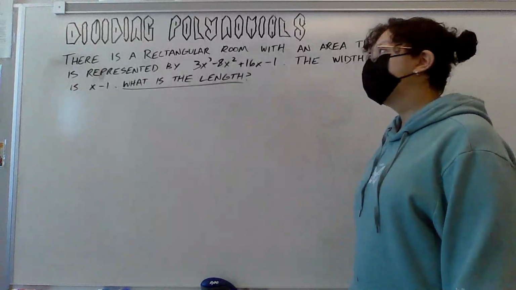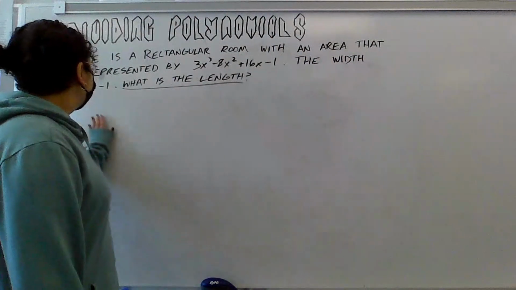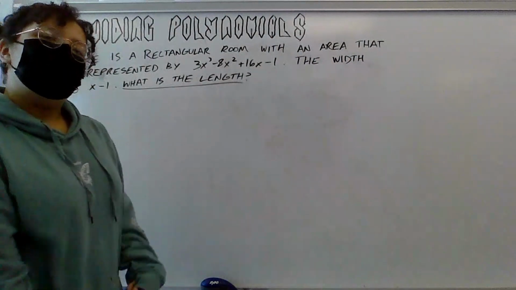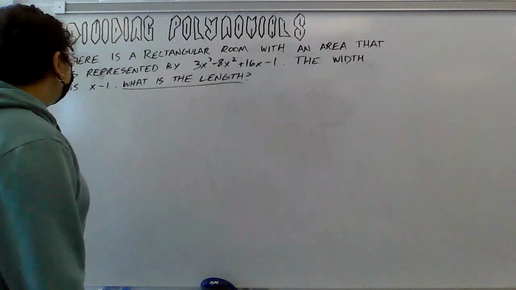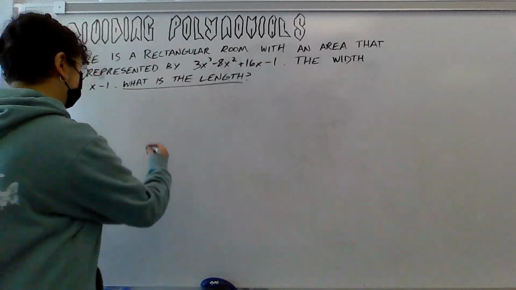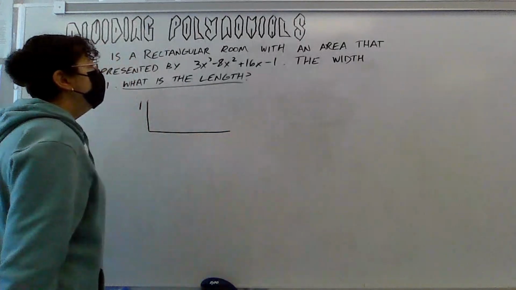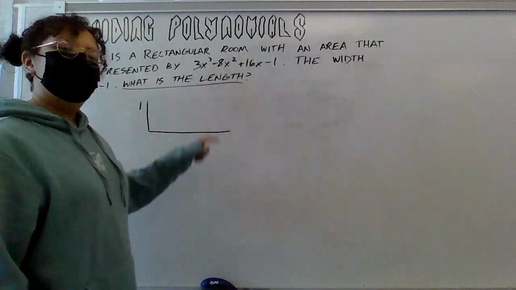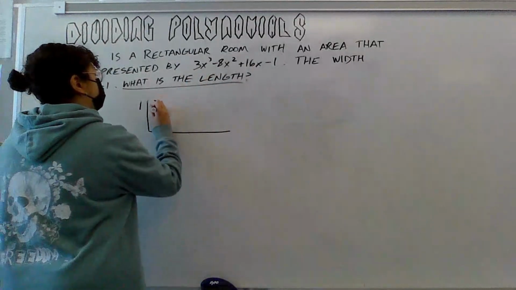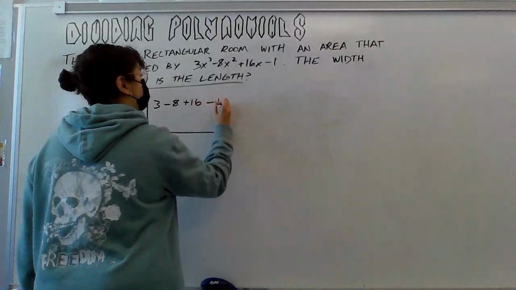What is the length of the room? To do this, x minus 1 would be your divisor. Again, when we use synthetic division, it would be the opposite. It goes on the outside of the box. And then we just use the coefficients: 3, minus 8, plus 16, minus 1.